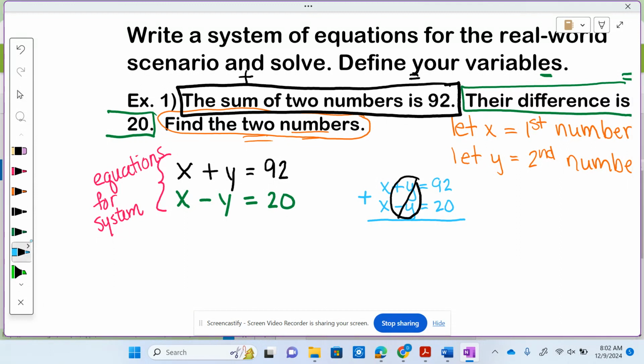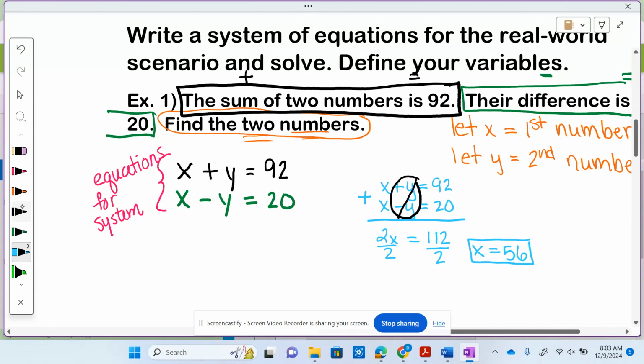And what does that leave me with? 2x equals, not 20, 112. Okay. Now what? You divide both sides by 2. I find out that x equals 56, right? x equals 56. So I found one number.